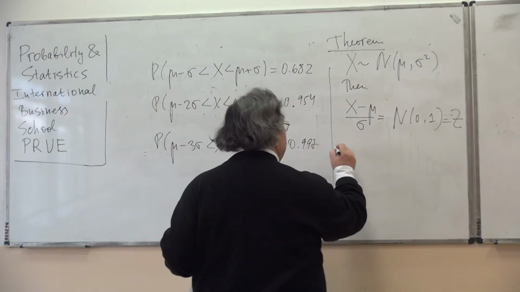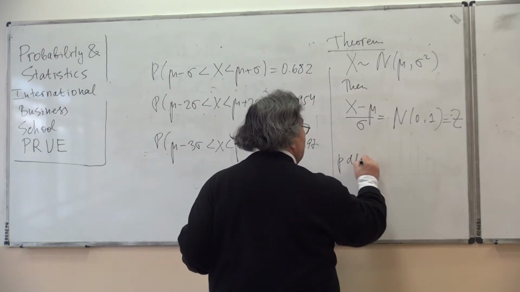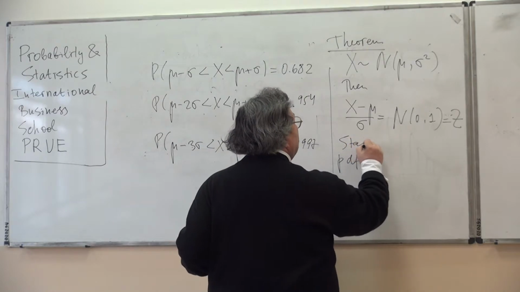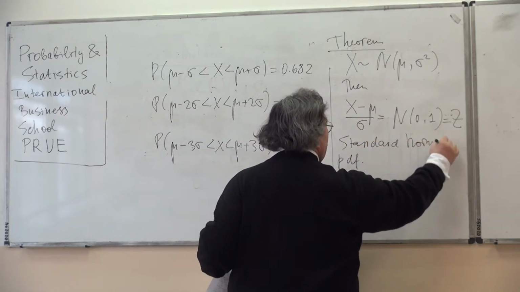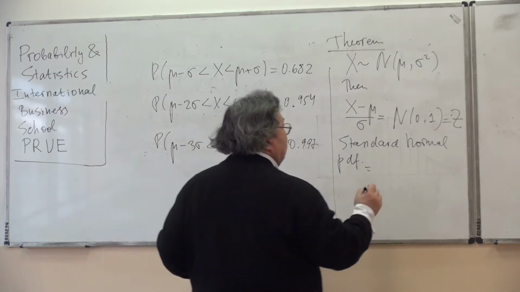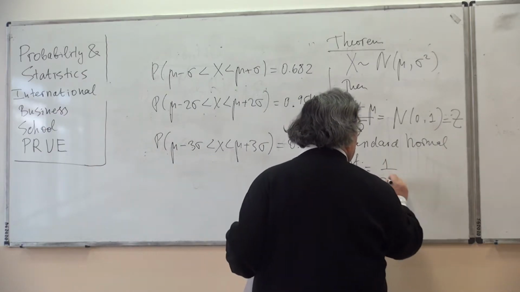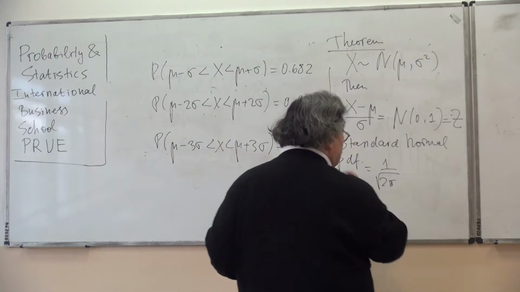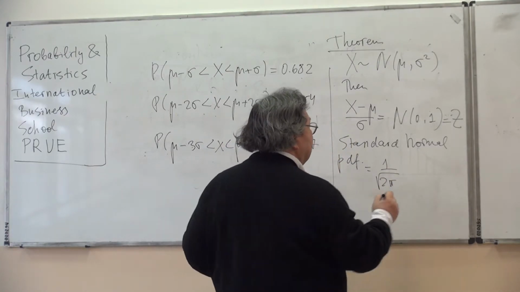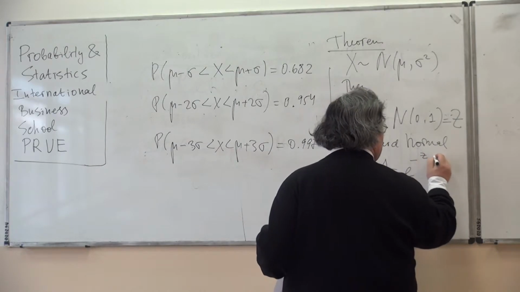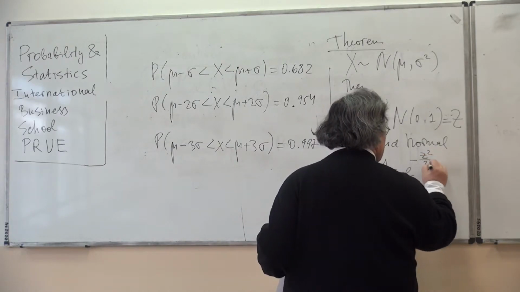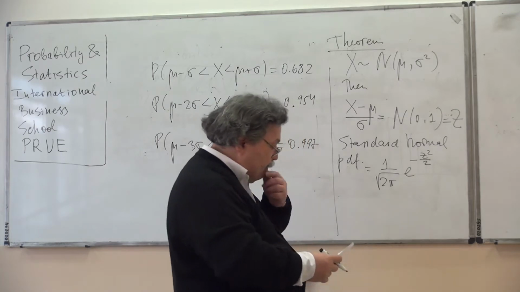And the PDF, so this is called standard normal. The PDF is 1 over square root of 2 pi, times e to the power minus z squared over 2. Okay?